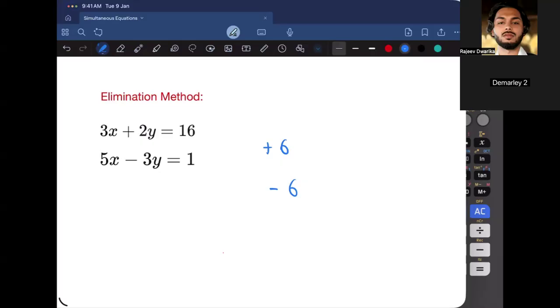So when you're faced with a situation like this, you should find the LCM, the lowest common multiple of what you're trying to cancel off. So you're trying to cancel off y. What's the LCM between 2 and 3? 6.